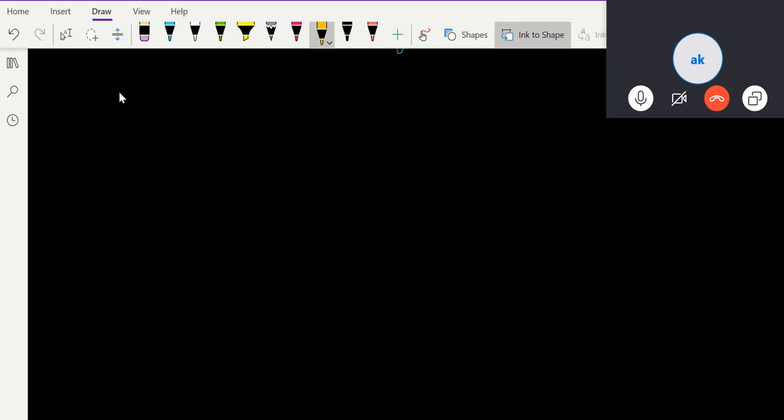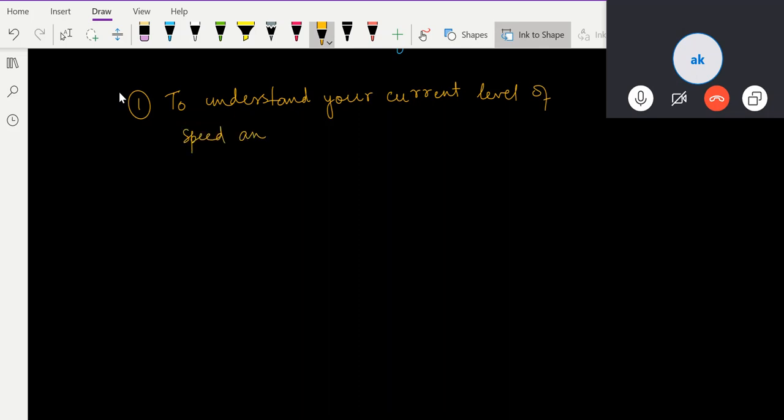So in terms of the preparation strategy, the first thing that we need to do is to understand your current level of speed and accuracy.